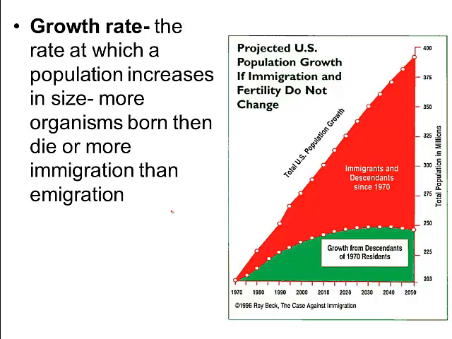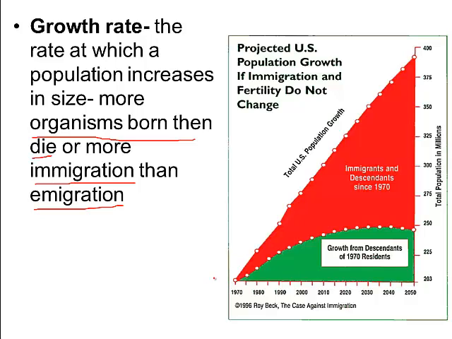All right, growth rate. Growth rate is the rate at which a population will increase in size. The way this happens is that you can either have more organisms being born than are dying, or you can have more immigration than emigration. So in the United States, an example of immigration, there was a large amount of immigration over periods of time, and so the population growth rate has increased greatly.